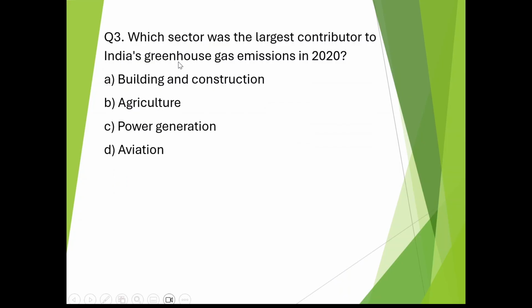Which sector was the largest contributor to India's greenhouse emissions in 2020? Try to give an answer to this question as well. Which sector was the largest contributor to greenhouse emissions as per the IEA report in the year 2020?